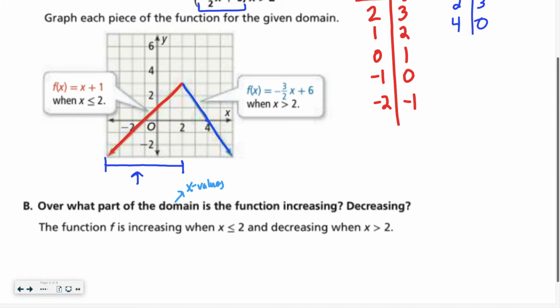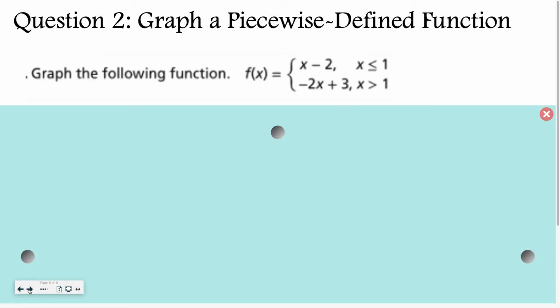And then from here to here, our line is going down, right? Our y values are increasing when x is less than or equal to 2, and then it's decreasing when x is greater than 2.